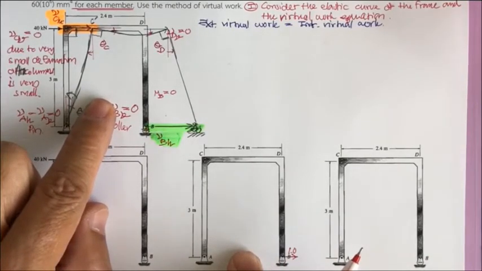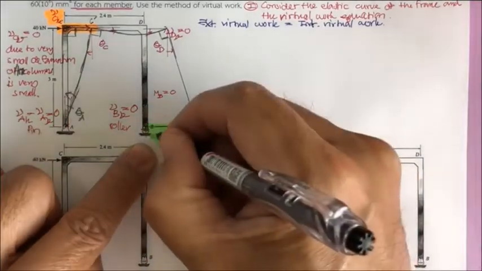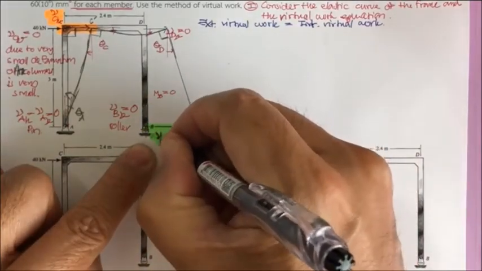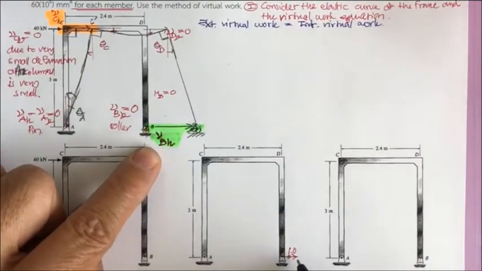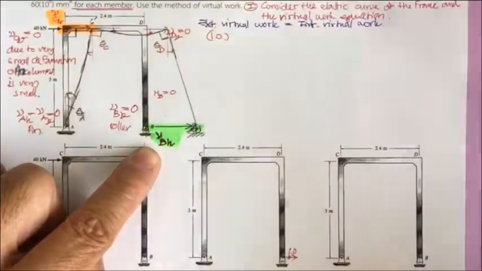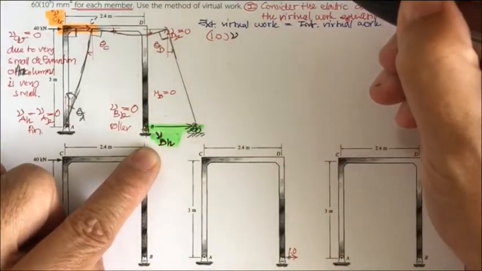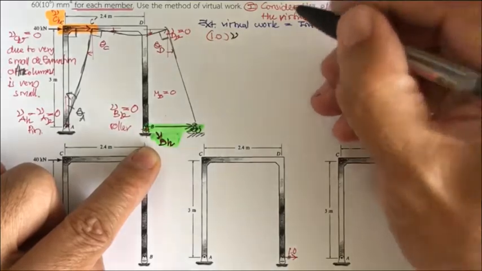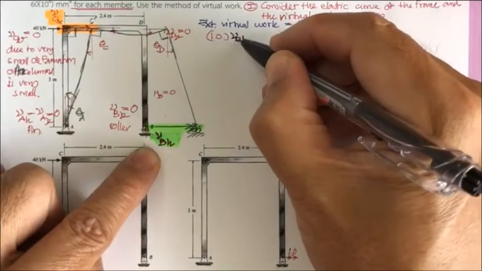When this happens, V sub B H is the real displacement times the assumed 1.0 force. So this is going to be the external virtual work: the displacement times the unit force.